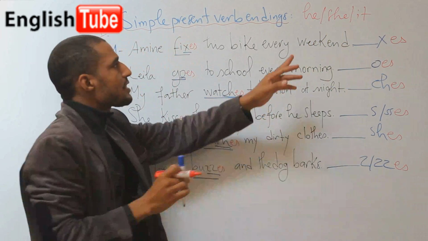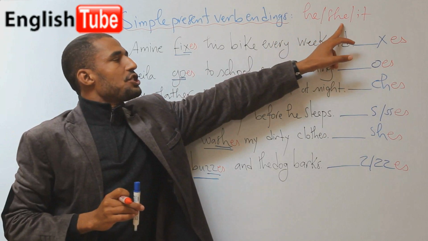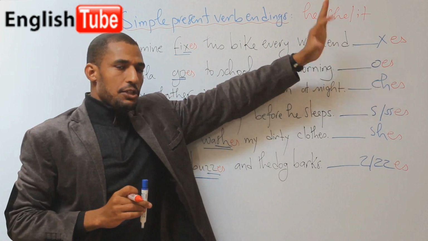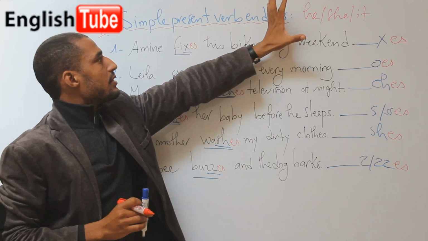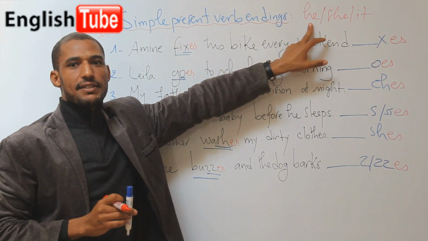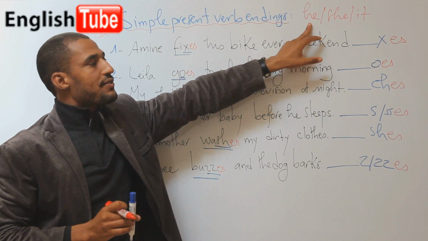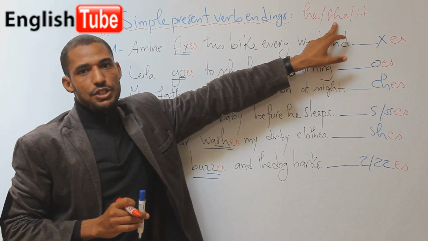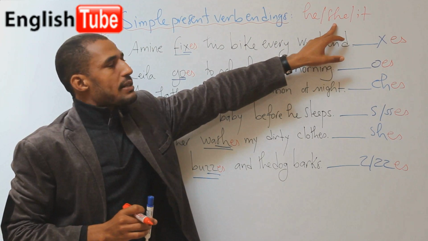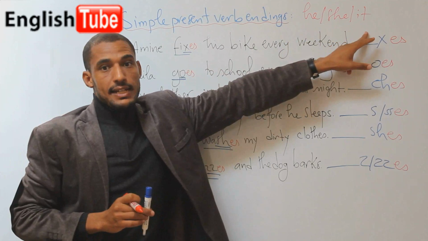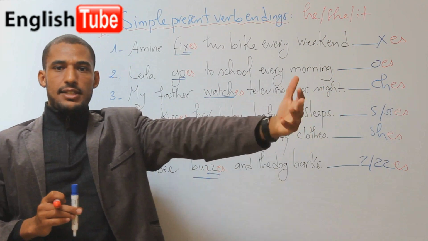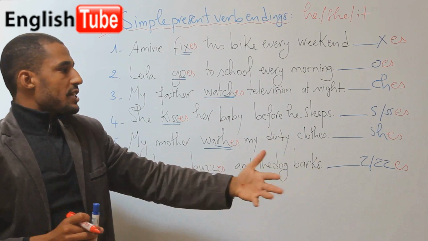It's not necessary to have he, she, and it; you can have their equivalents. Instead of he, you can have my father, or whatsoever. Instead of she, you can have Layla, Amina, my sister, my mother. And for it, maybe an animal or something concrete.